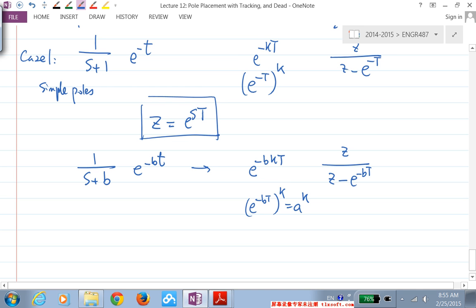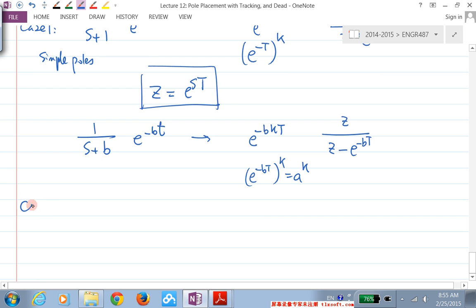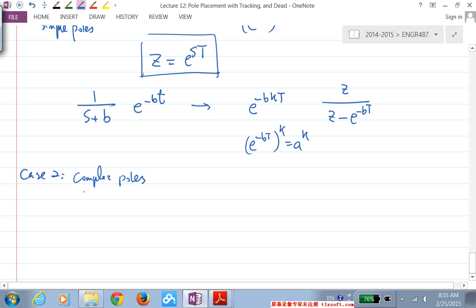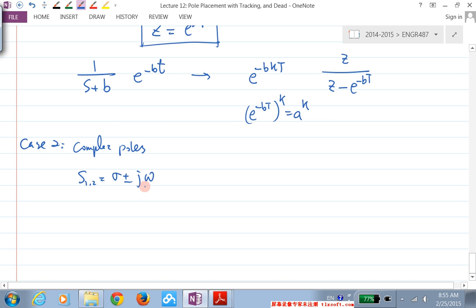We have also dealt with a more complicated case, which is a complex pole. The complex pole for a continuous system is sigma plus minus j omega. That's your complex plane in the continuous domain.